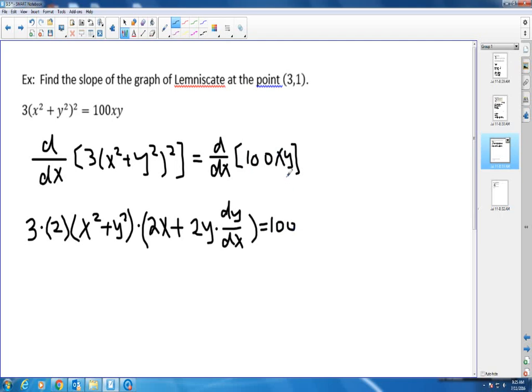Derivative of the first is 1 times the second, plus the derivative of the second, which is 1 times dy/dx, times the first, which is x.